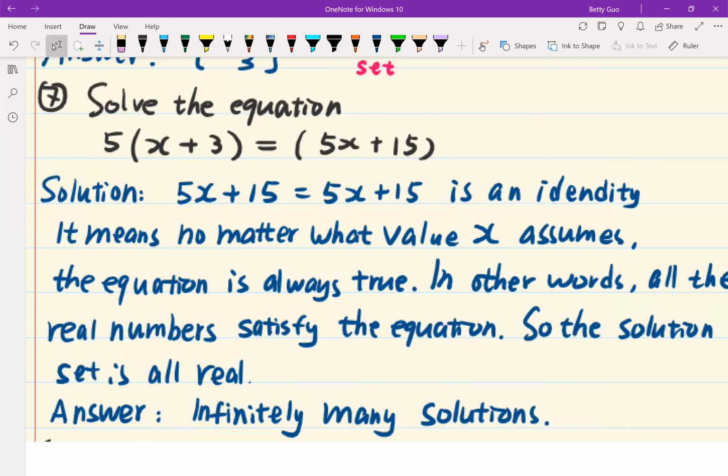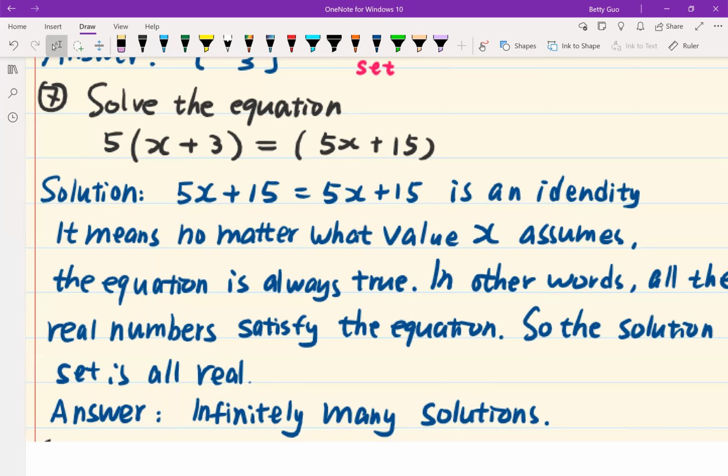So when you look at the answer choices A, B, C, D, if the equation is an identity, you're going to choose infinitely many solutions. Am I clear? Tomorrow, when you try to solve an equation and you find out the equation is an identity, then the answer you're going to choose is infinitely many solutions. So good?